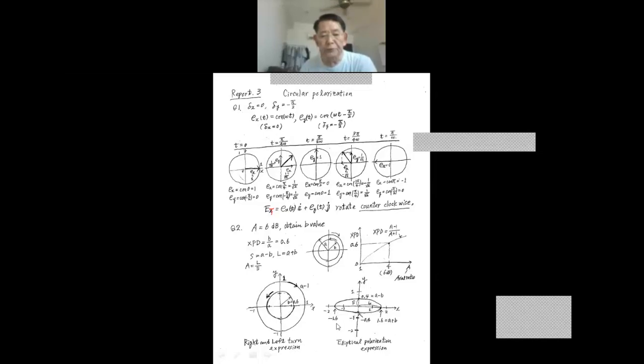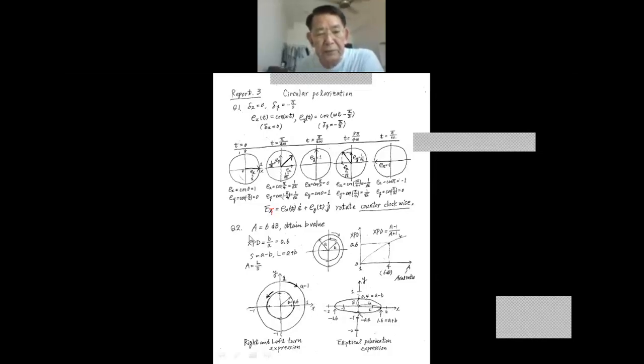So these two are the same circular polarization expression. The left side is the right-hand and left-hand circle expression. The right is the elliptical, long axis and short axis expression of circular polarization. This is what circular polarization is, and the meaning of circular polarization.